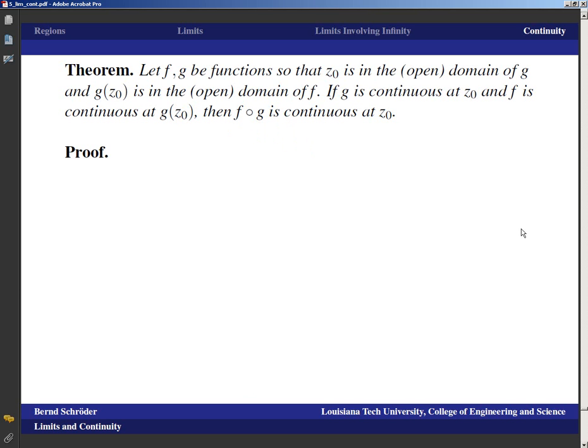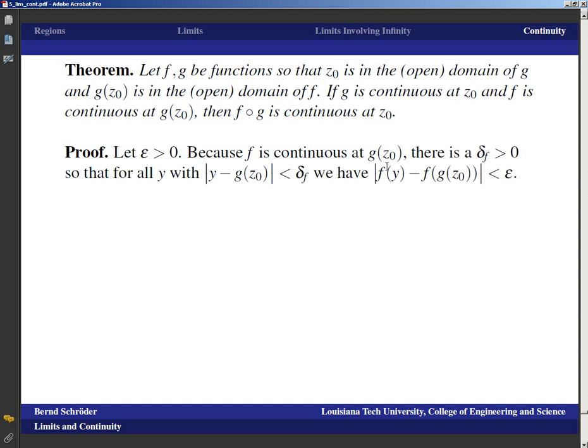And the proof, and I think we'll go through the whole thing here, it's just a staggered epsilon delta argument. So let epsilon be greater than 0. Because f is continuous at g of z0, there is a delta f greater than 0, so that for all y, and we really want a y here because essentially that's an intermediate stage, right? F composed with g is f of g, so f doesn't input the z0s, f inputs the g of z0s, and we call those things y here.